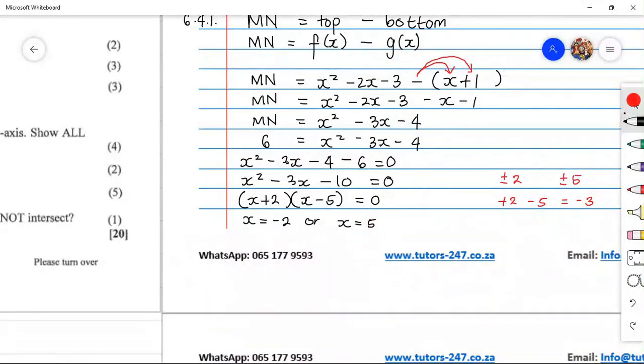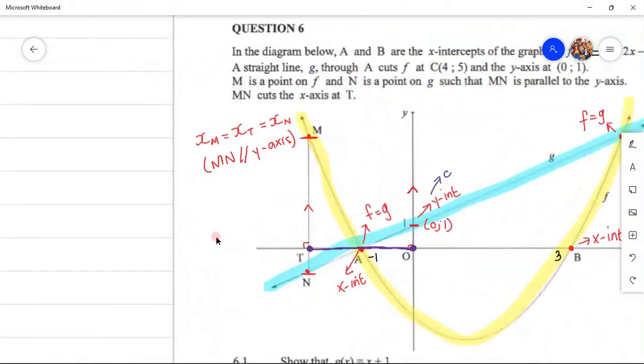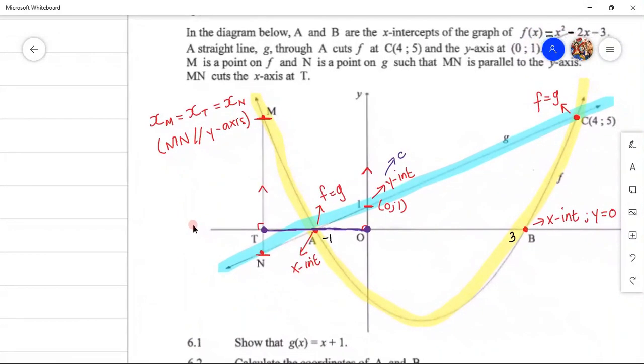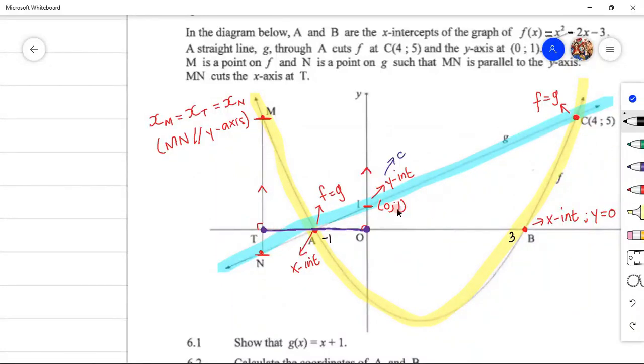Now, we need to determine whether the coordinate of t is negative 2 or positive 5. Now, if we go back to our diagram or our function, we know that t is on the negative side of our x-axis. So that means that t will have an x value of negative 2.